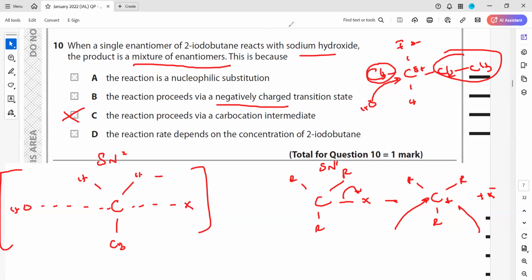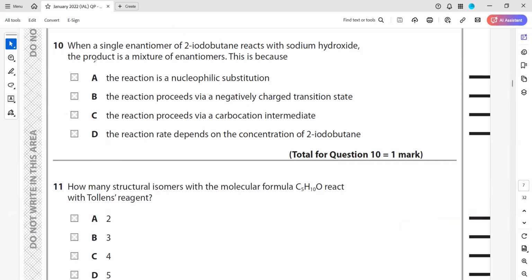Usually the SN1 reaction results in a racemic mixture, and that is what we want. The product is a mixture of enantiomers, meaning it contains both.